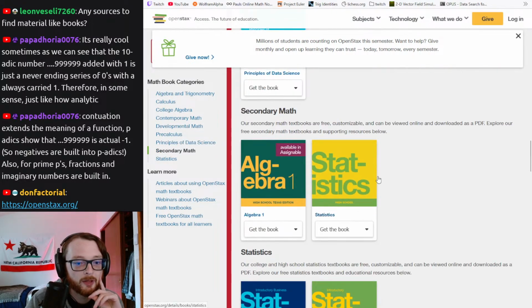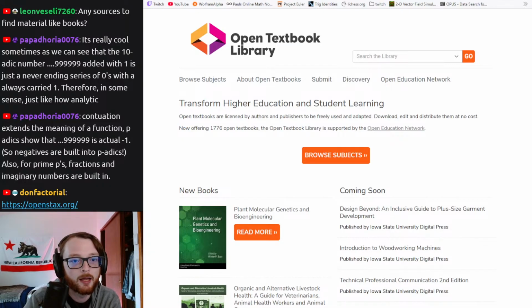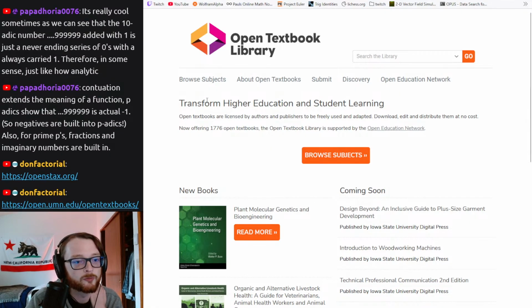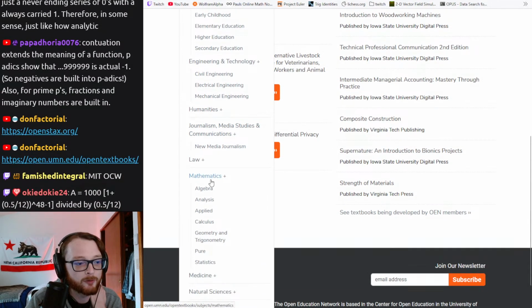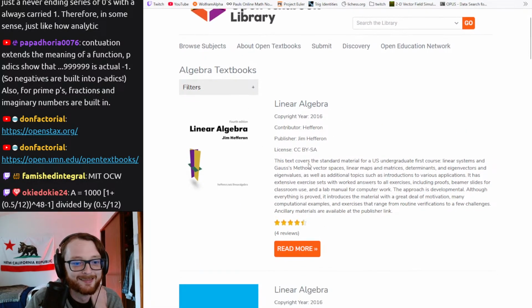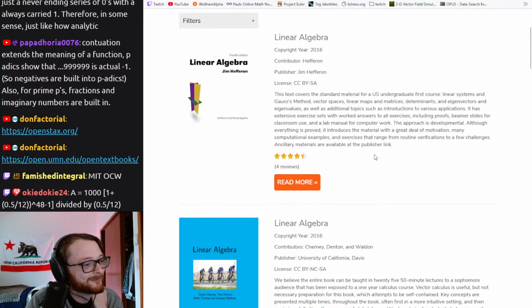So if you're looking to get into the early parts of math, OpenStax is probably your best bet. If you want higher level math, this website has free and legal university level textbooks. They can just download right off here. They don't have the greatest UI, but yeah.